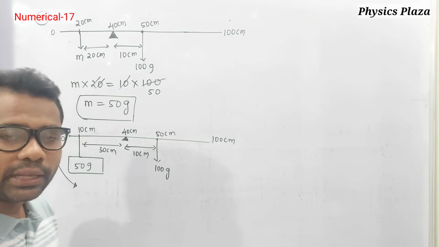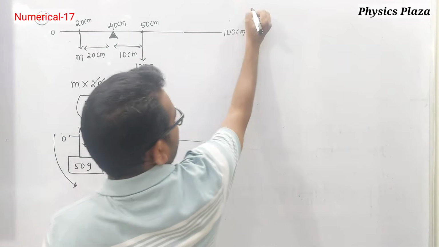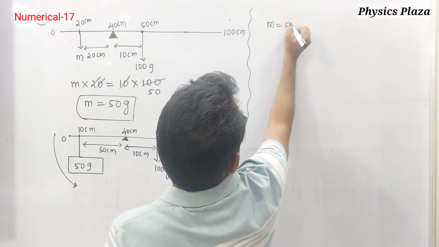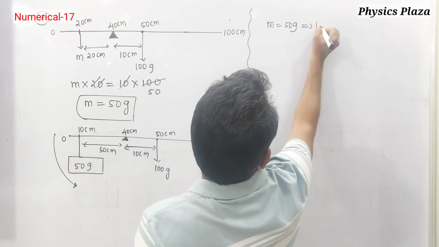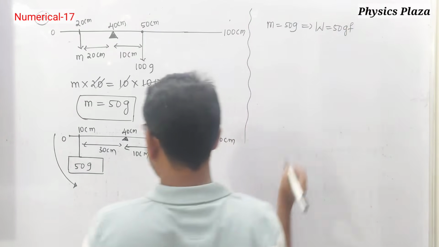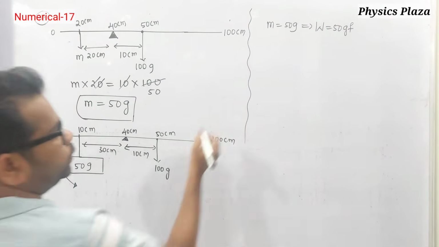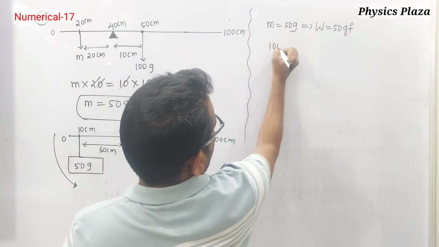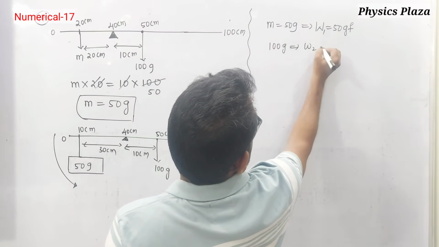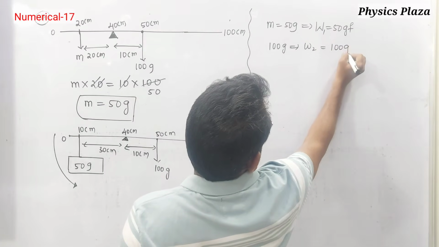Now they are asking us to calculate the resultant moment, children. As the mass is 50 gram, obviously the weight is going to be 50 gram force. Very important. If the mass is 100 gram, the weight, let us say W1, is going to be 100 gram force.